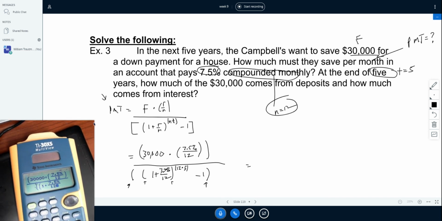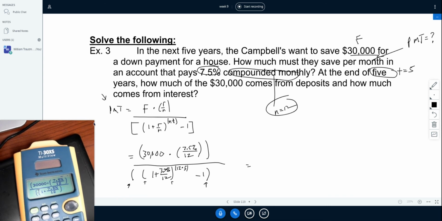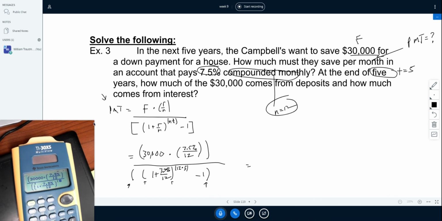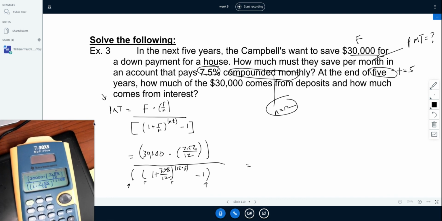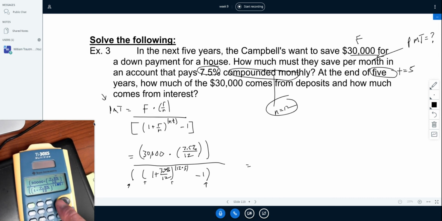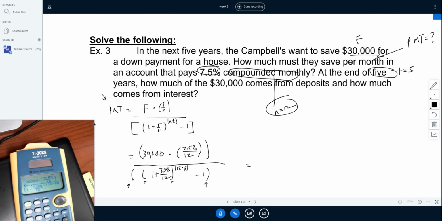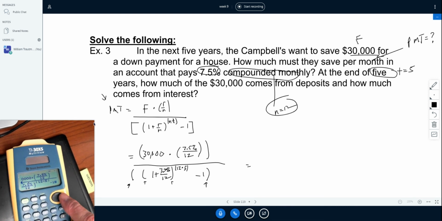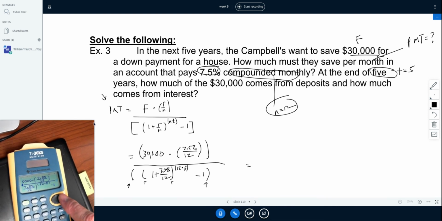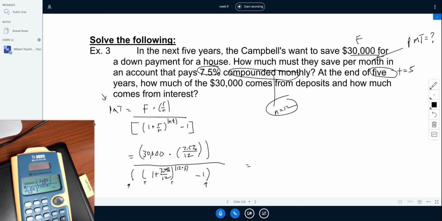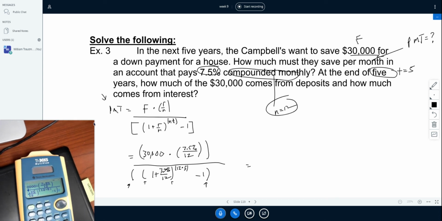And this whole thing is raised to 12 times 5. Minus 1. Parentheses. So I think I got it in there.